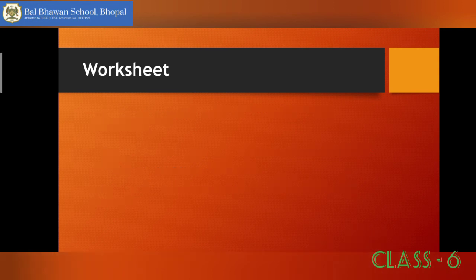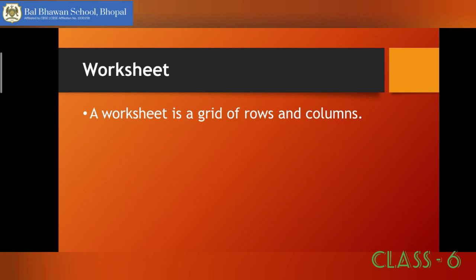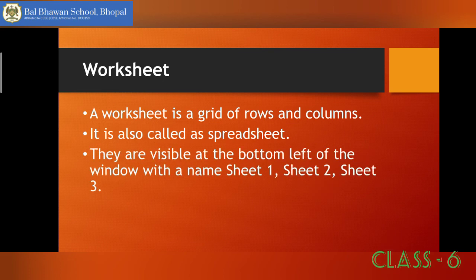Now, what is a worksheet? A worksheet is a grid of rows and columns. It is also called a spreadsheet. These worksheets are visible at the bottom left of the window with names such as Sheet 1, Sheet 2, Sheet 3 and so on.